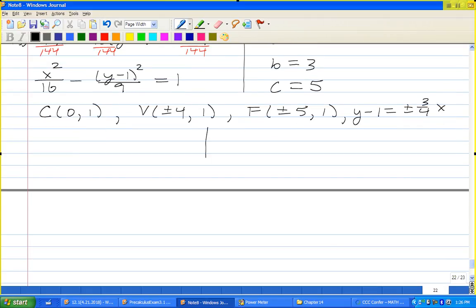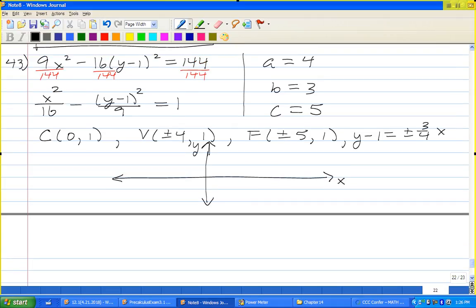Well, this is really going to be tight. Let me try to sketch the graph of this. It's going to be a really tiny graph. So the center is at 0, 1.